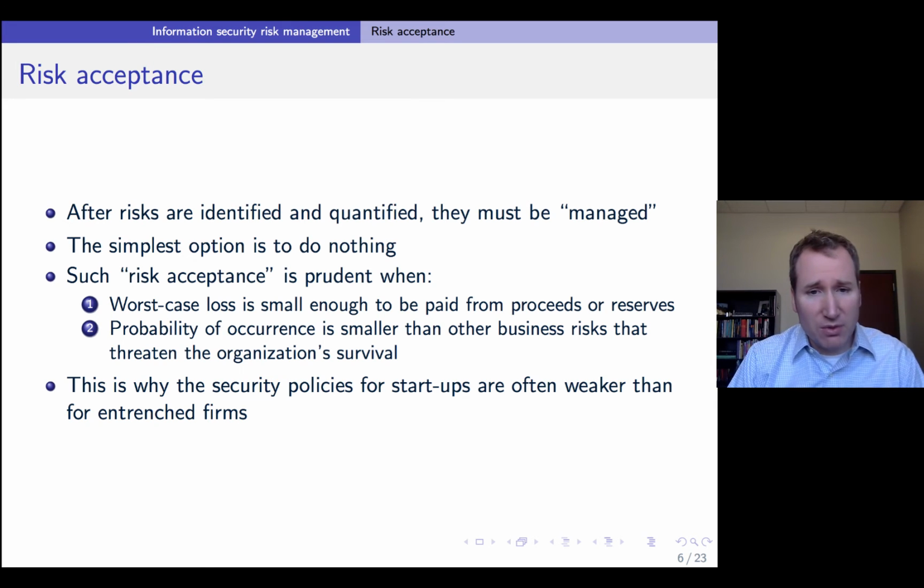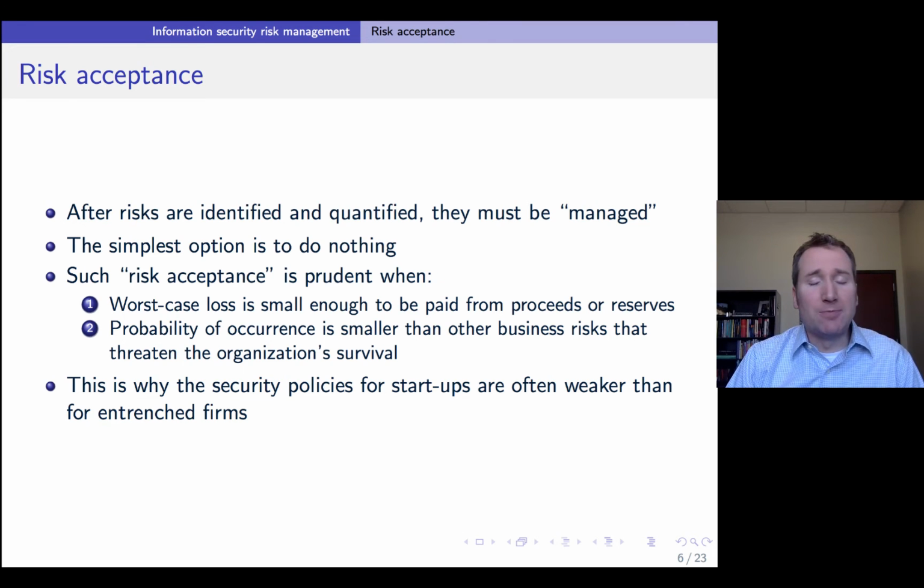The extreme example of this is a startup firm. It would be nice if you had good security practices at your firm, but there are other business risks that may be more pressing, like being able to even meet the payroll or ensure continued funding of your company. Because if you can't continue to get funding, then there won't be any resources left to protect from a security risk.